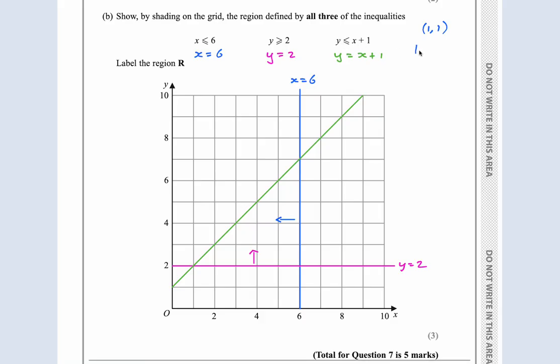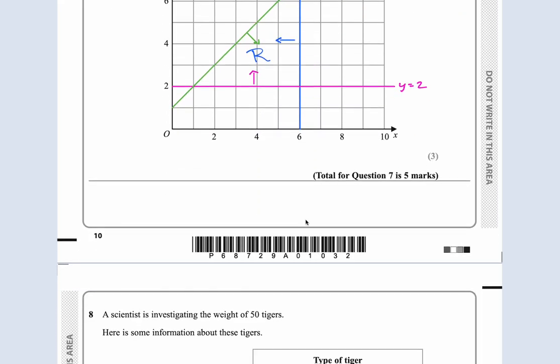Well, you get 1 is less than or equal to 1 plus 1. 1 is less than or equal to 2. Is that correct? Yes. Where's the point 1, 1? It's down here. So that means it's this side of the line. So it's above this, left of this, and down here. Where's the region? Well, it's obviously here. Okay, that is part B.